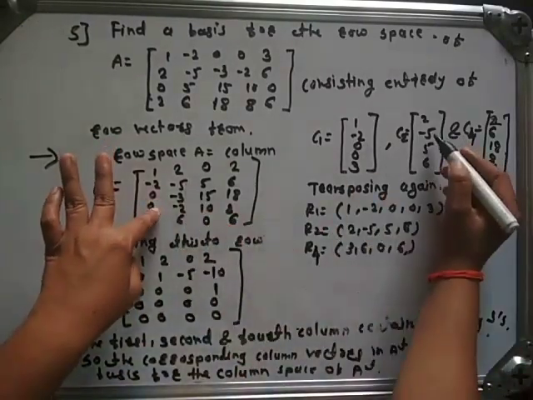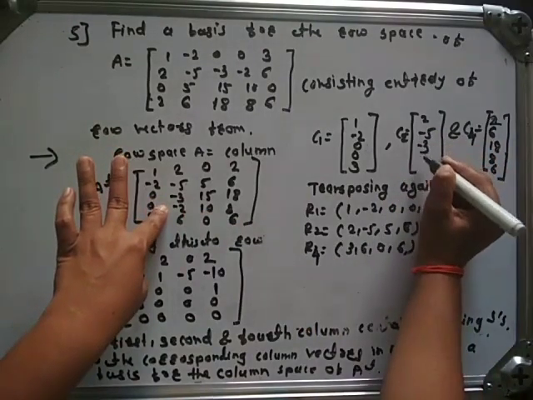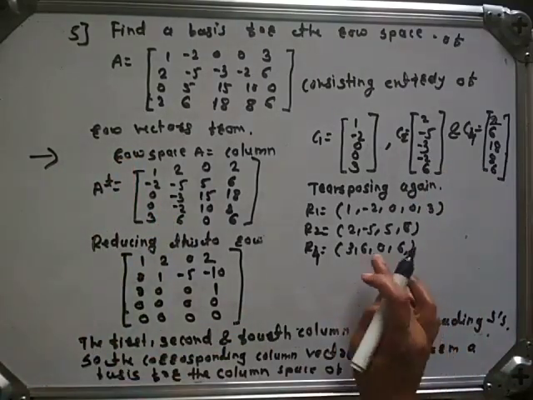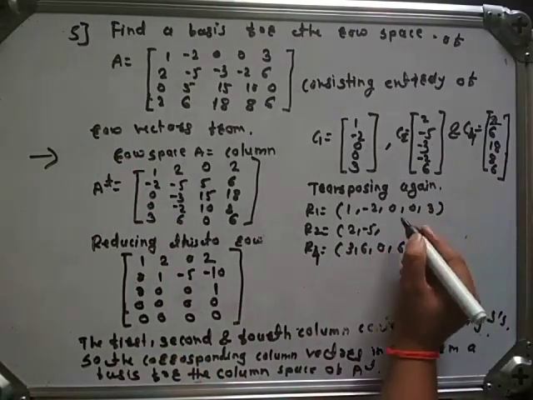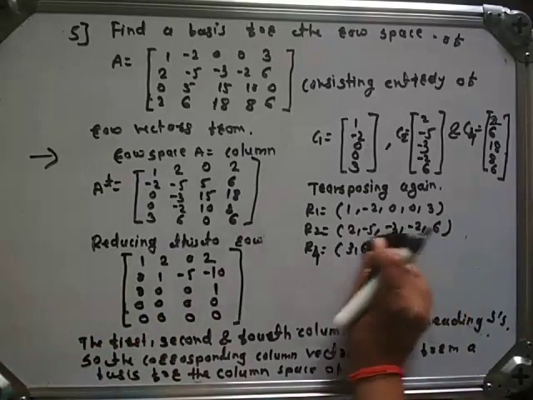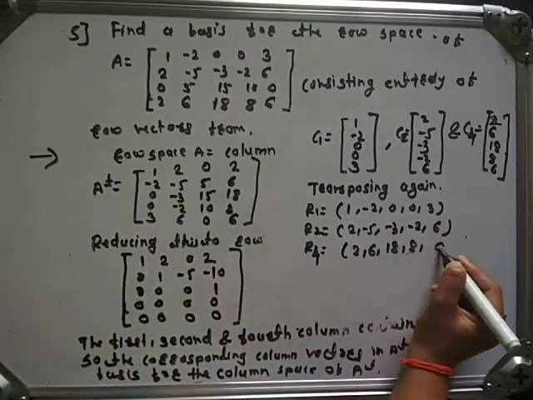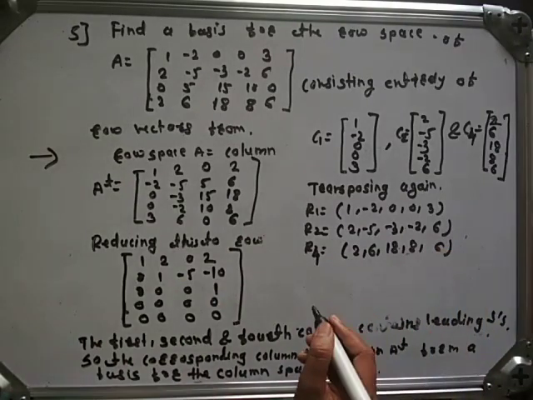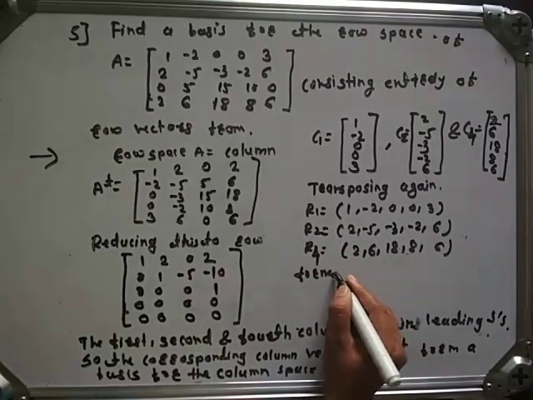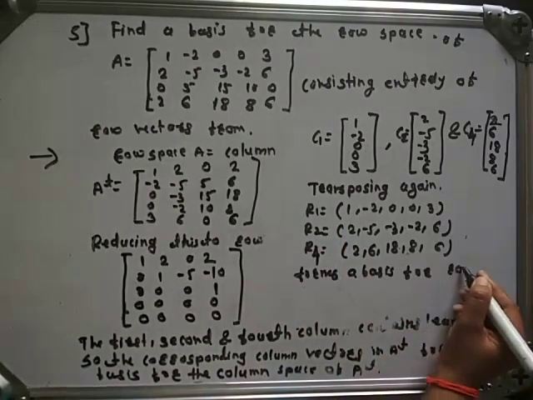And C2 is 2, minus 5, minus 3, minus 2, 6. So we will get 2, minus 5, minus 3, minus 2, 6, and 2, 6, 18, 8, 6. This forms a basis for the row space of A.